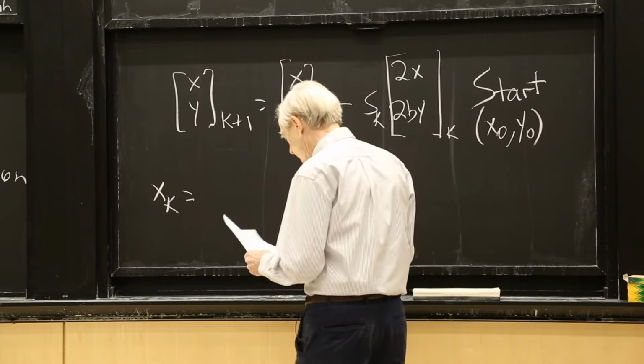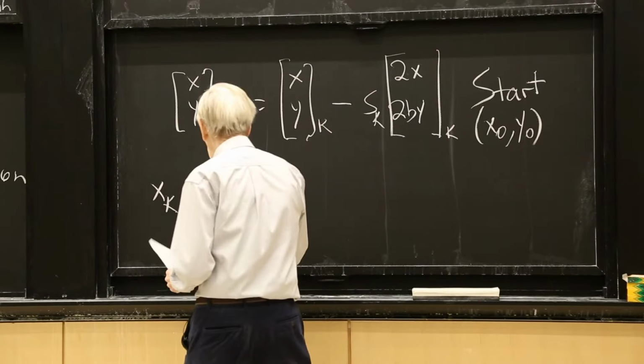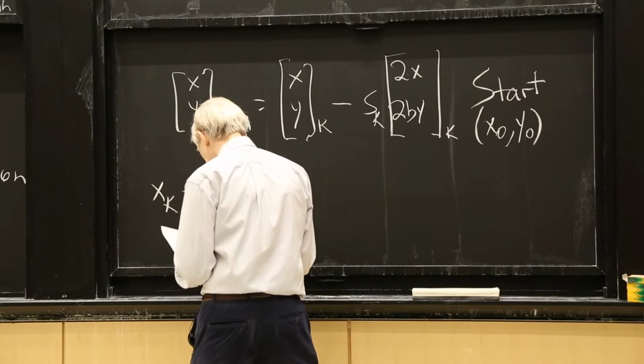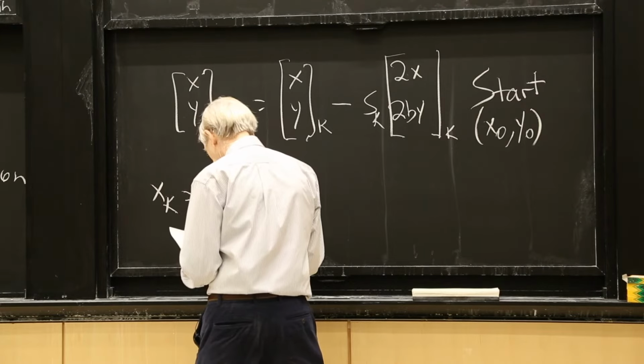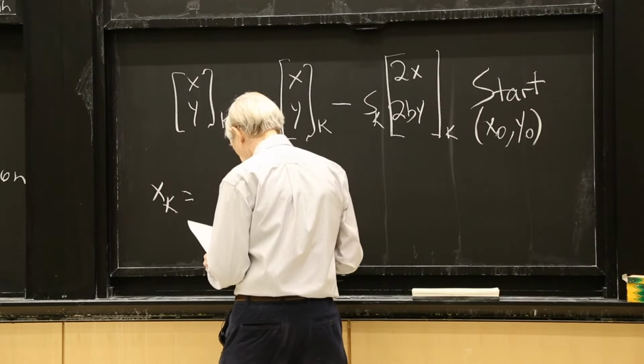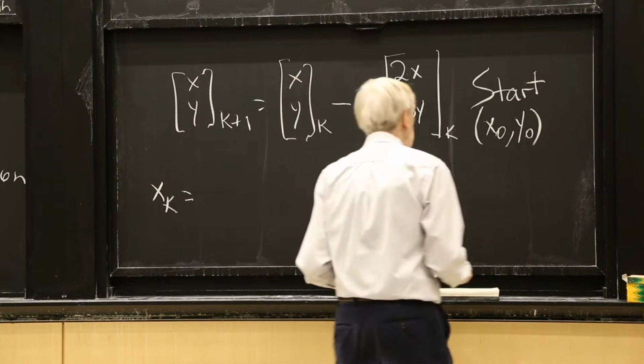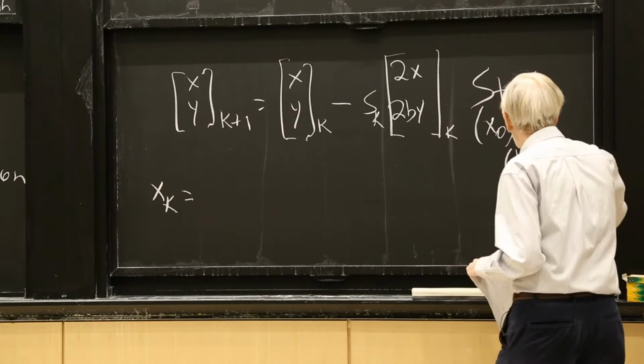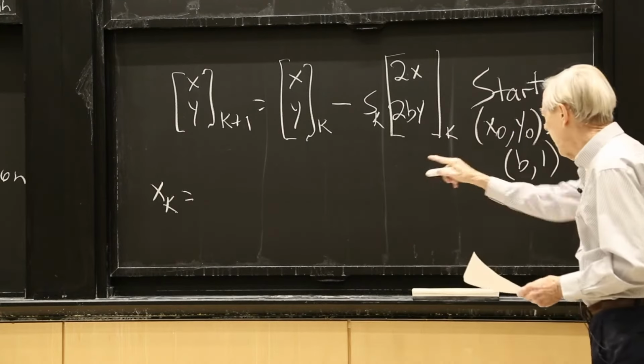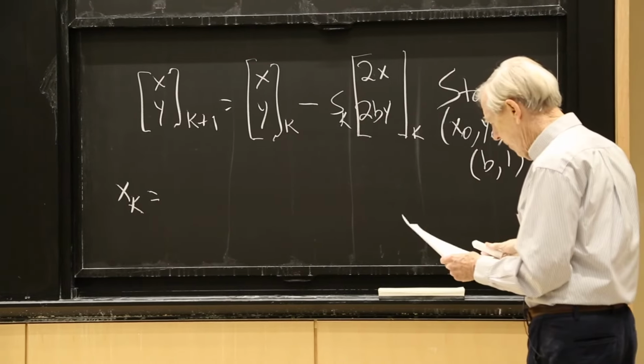So where am I going to start? I'm starting from the point x0, y0 equal (b, 1). Turns out that'll make our formulas very convenient.